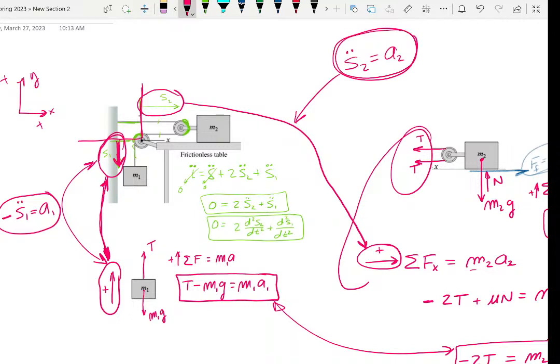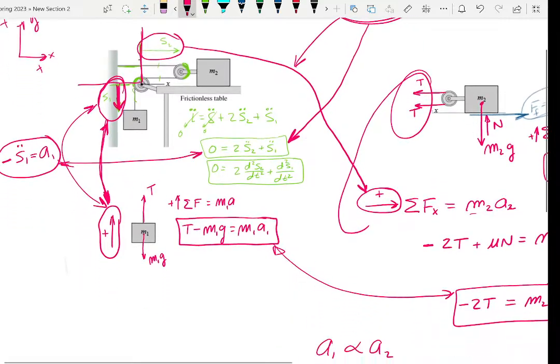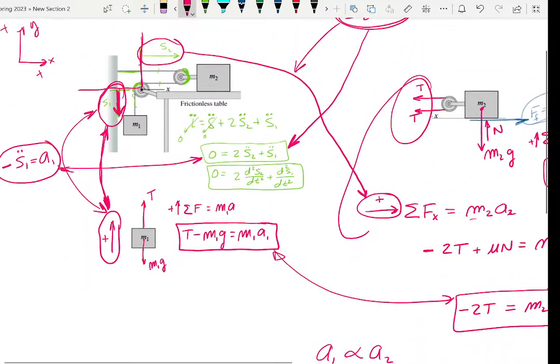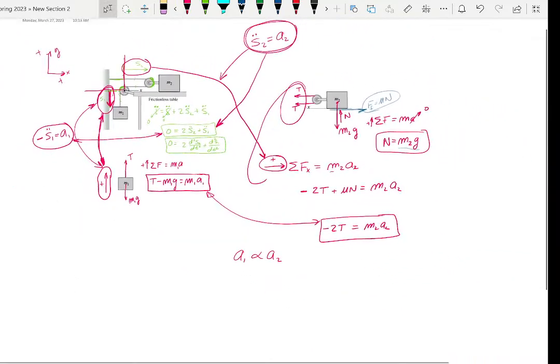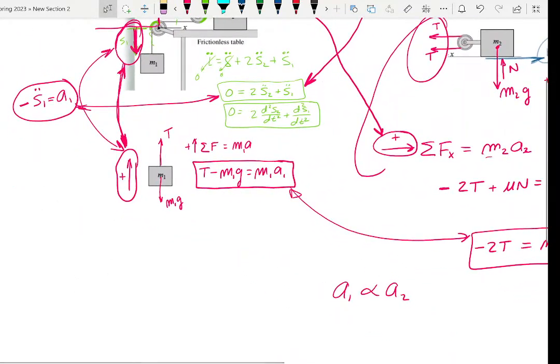So now I have this equation tied with this one and tied with that one. And so what I'm going to do is repeat those down here. I've got a space that's kind of right down here.